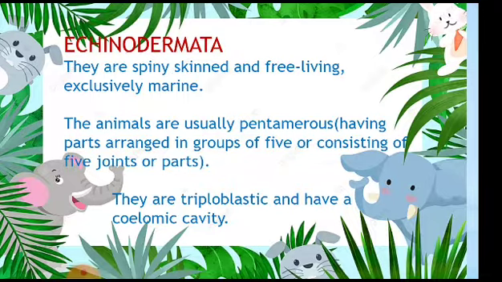We move on to the next phylum, that is Echinodermata. They are spiny skinned and free living, exclusively marine, so they live in water. The animals are usually pentamerous. What is the meaning of pentamerous? Pentamerous means having parts arranged in groups of 5, or consisting of 5 joints or parts. They are again triploblastic and have a coelomic cavity.